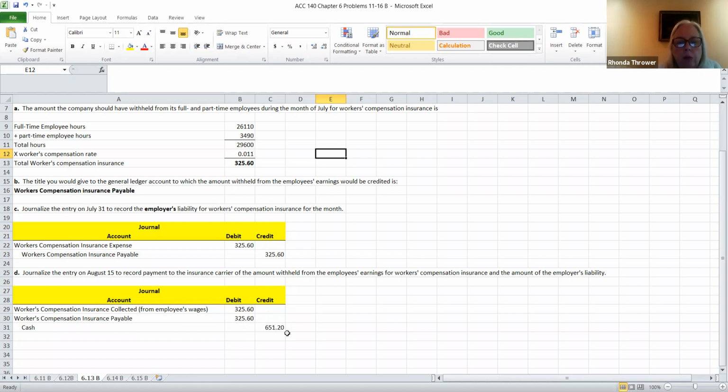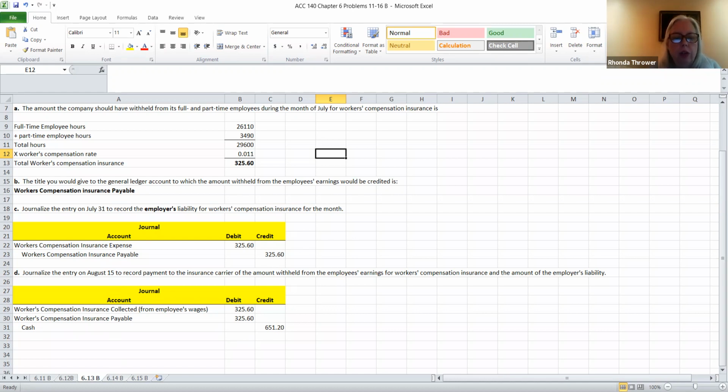That's the total of the debits, is what you're decreasing your cash account for. You're responsible for collecting from the employees' paychecks this $325.60, plus you owed $325.60 as an employer. And so we're going to turn over the total of these to the insurance carrier, and that will make the cash be credited. And this is the journal entry that would be recorded on August the 15th.